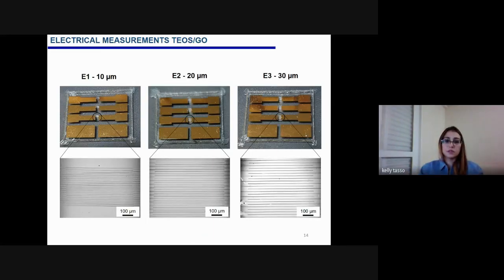So after all this characterization of the transferred material, we have fabricated 3 types of interdigitated electrodes with different separations between the fingers of 10, 20, and 30 micrometers.